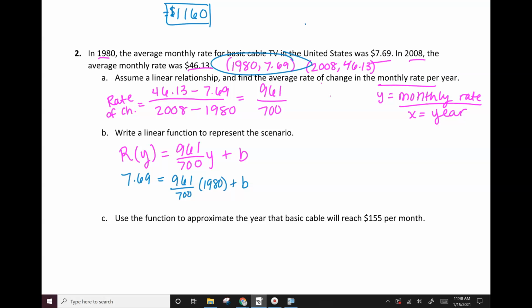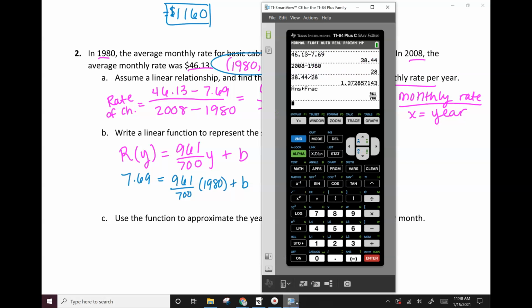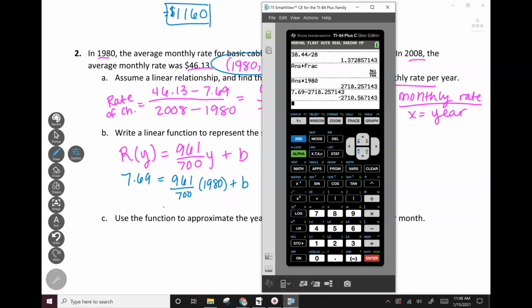We're trying to figure out the cost of cable when the year was 0, and that doesn't apply because there was no cable back then. Okay, so let's solve for that. I can do 961 times 1980, and then 769 minus that number. So b comes out to negative 2,710.567.